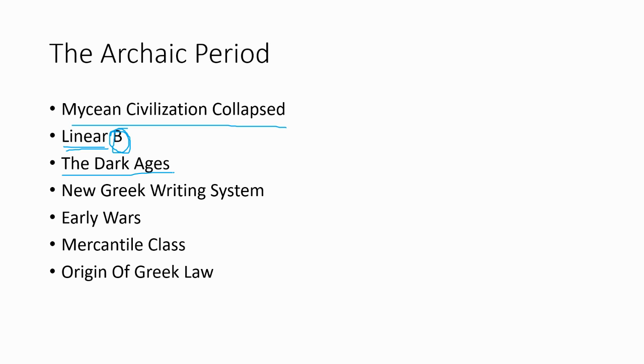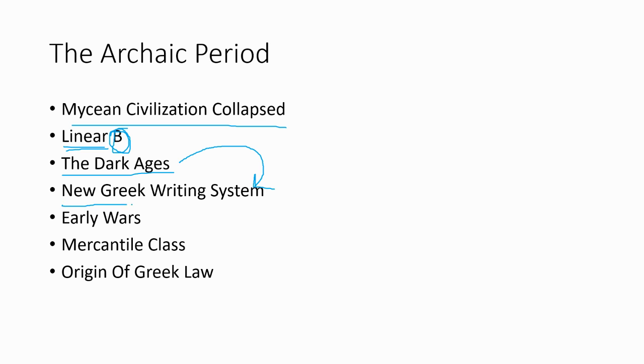This led to the Dark Ages, a period of time where essentially there was very little civilization to speak of, no writing system. We don't know very much about it. The economy of the region seems to have collapsed. A lot fewer artifacts. And then, as the Archaic period winds down, we see a reintroduction of writing through the Greek writing system, which was a modification of the Phoenician writing system, which itself comes from earlier forms.